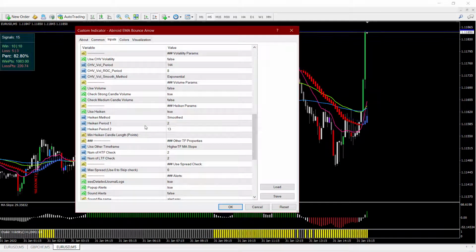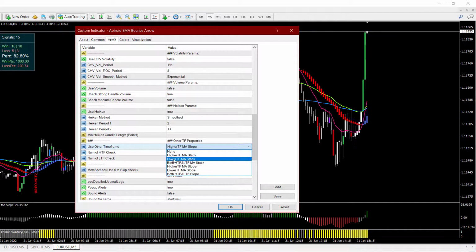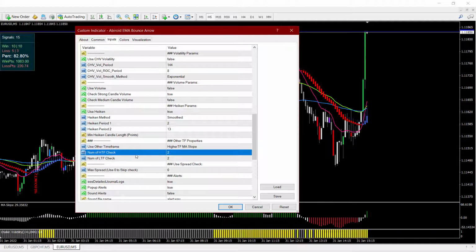And after Heiken, we have other time frame checks. This will check for higher or lower time frames, and we have all of these checks. So if I have higher time frame MA stack, in that case it will go to the next number of HTFs. Right here we have 2 and we are on M5.